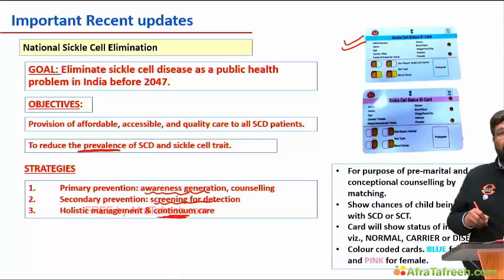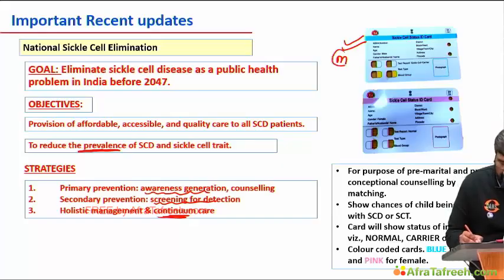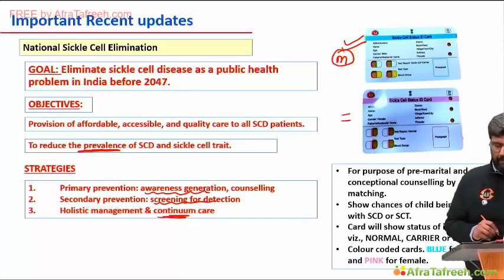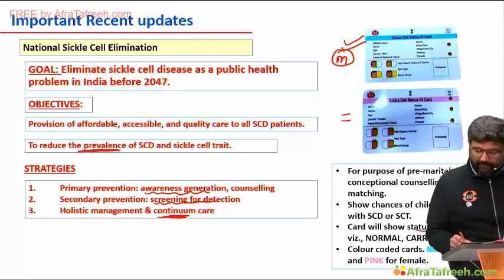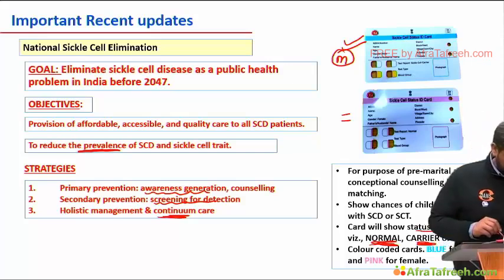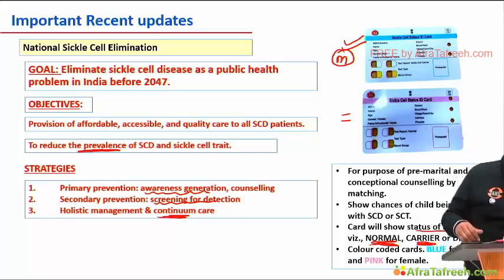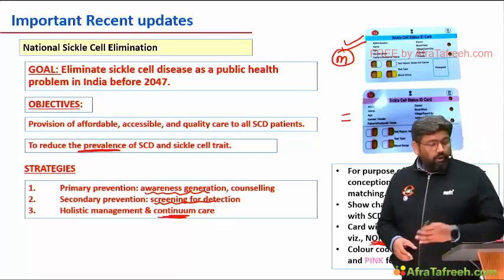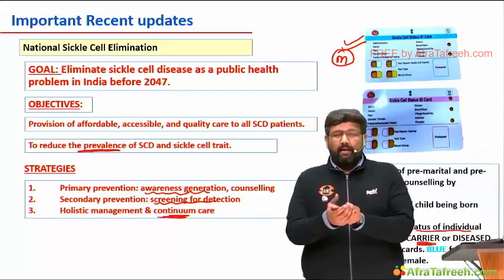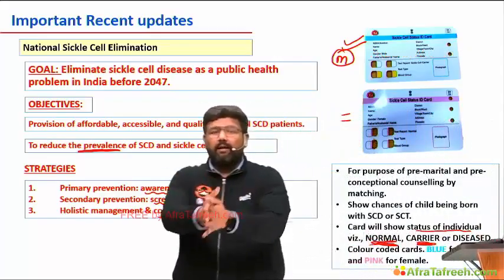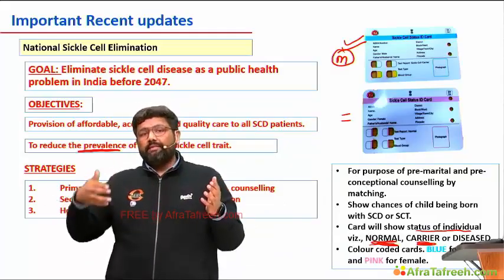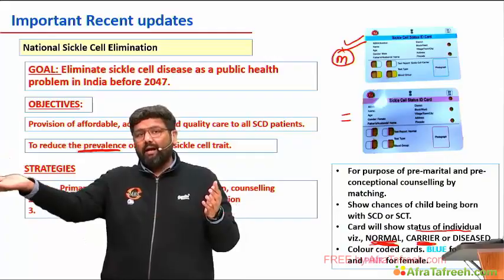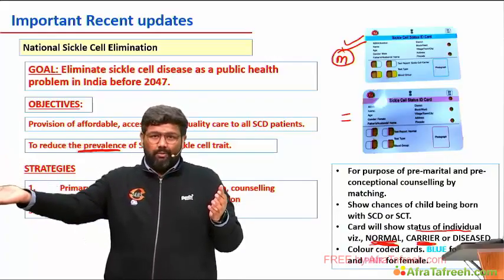a sickle cell card. This is for male and this is for female. This card will tell the status of the individual, whether the case is normal, a carrier or a disease. So we give the card, and now we say before marriage, you just ask for the card of your would-be spouse, husband or wife.